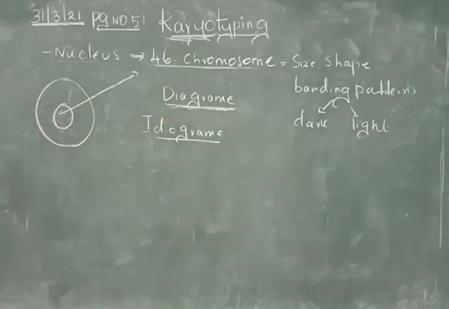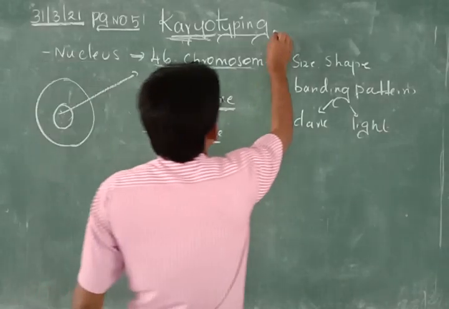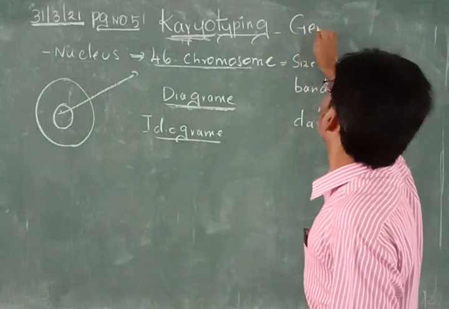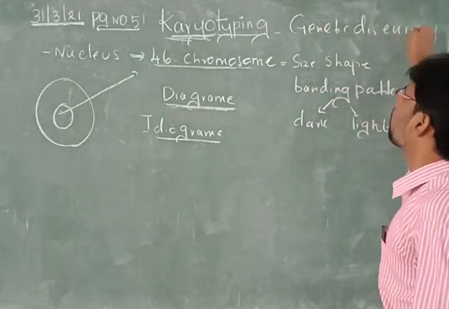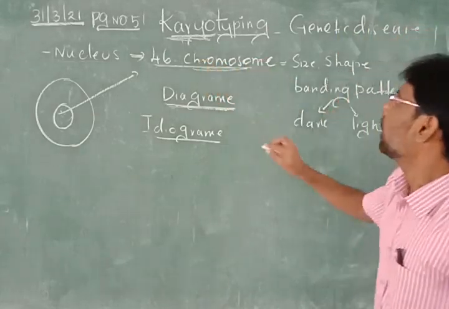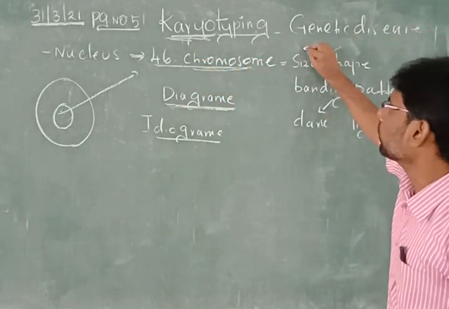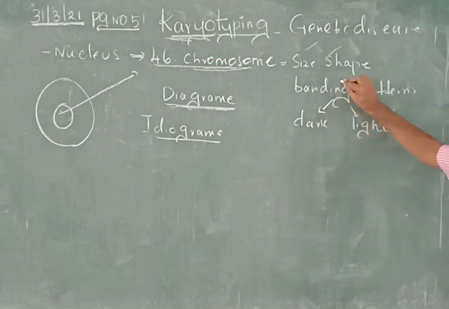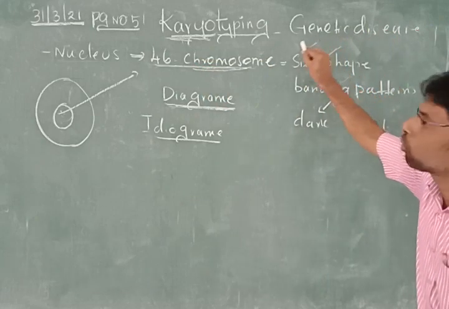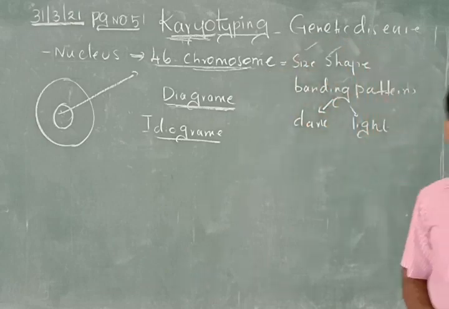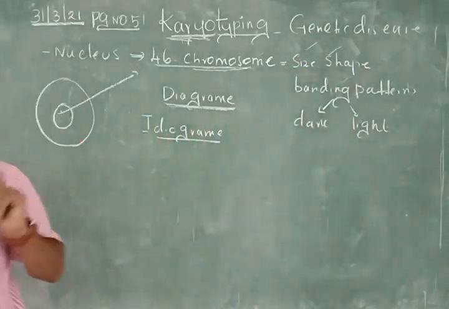That is because, in order to find out any genetic disease, we have to examine the chromosomes: the shape of the chromosome, the size of the chromosome, and based on the banding pattern, we have to examine the chromosomes so that we can easily identify any genetic diseases.